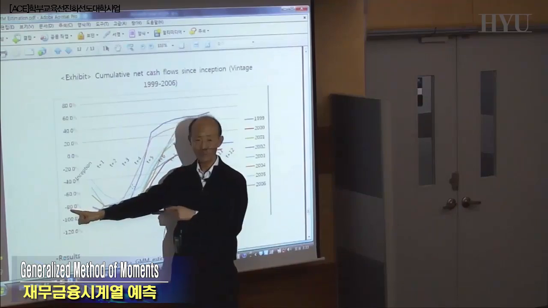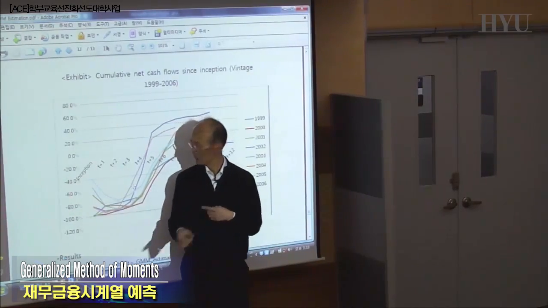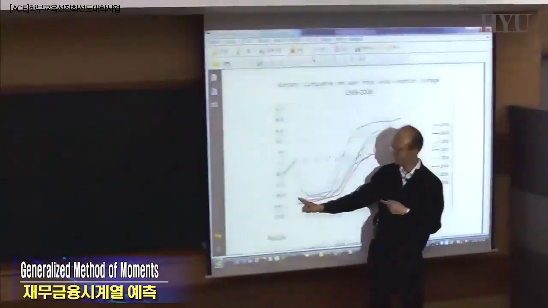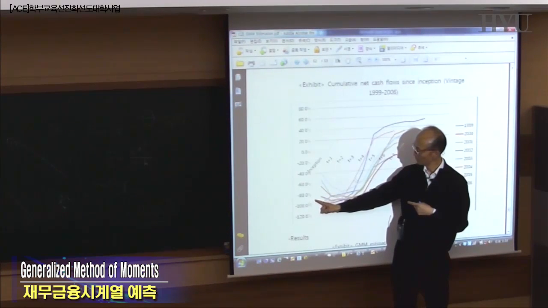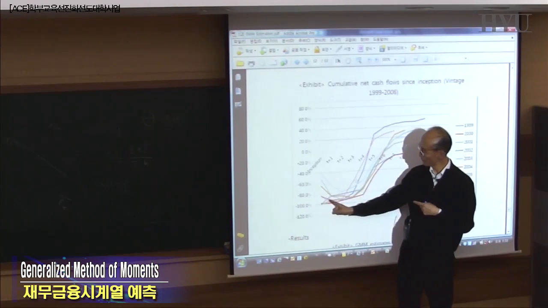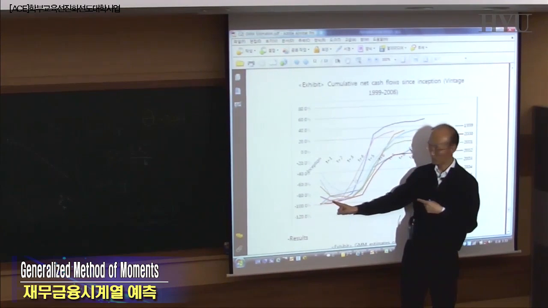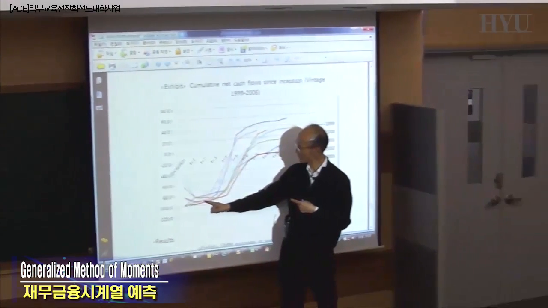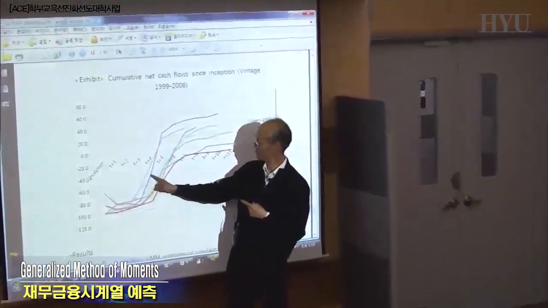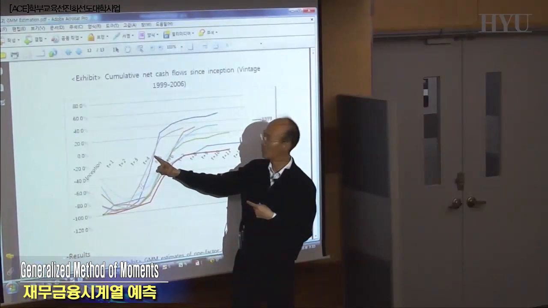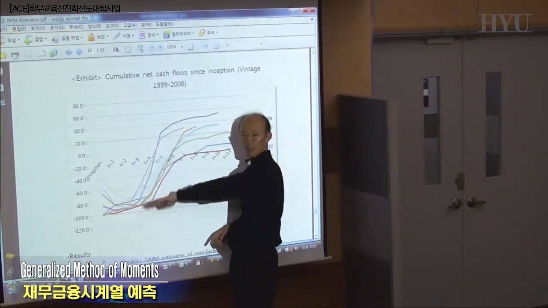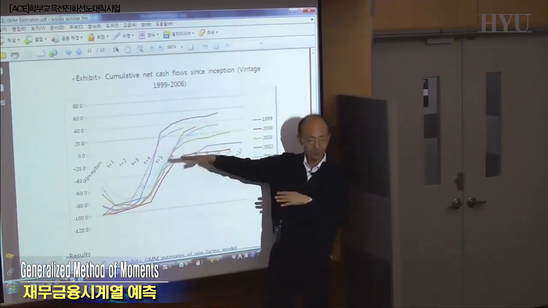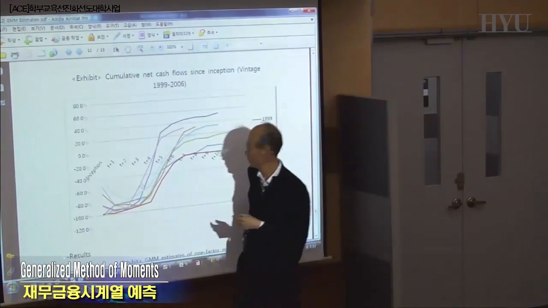About 80% of total investment is made in the first year, and about an additional 10% in the second year, and then they start receiving things quickly, recovered, and start receiving more than what they invested. So that's the typical pattern of this graph.